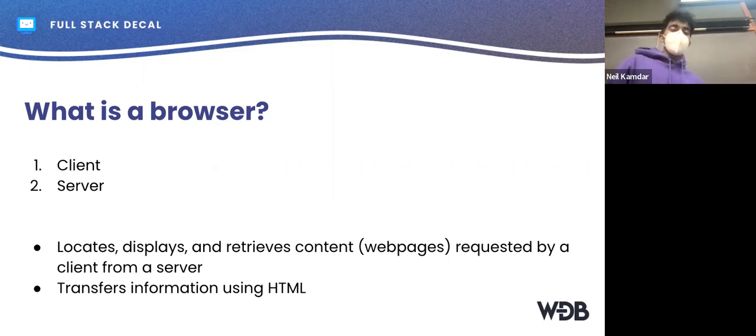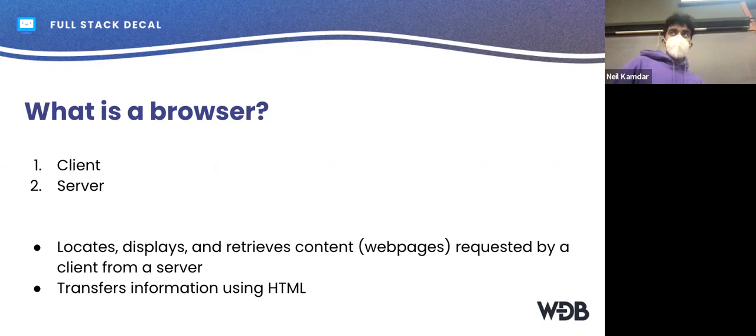Specifically, a browser locates, displays, and retrieves content. In the case of the internet, this would be web pages requested by a client from a server, and this information is transferred through HTML. This information is anything from images, links, to different websites, like maybe your website goes to another page. The browser is capable of handling all of that.